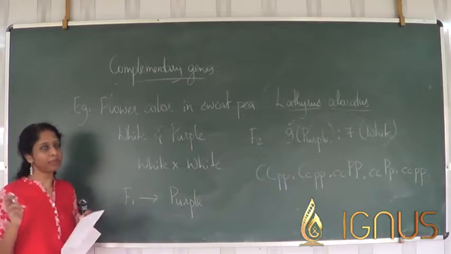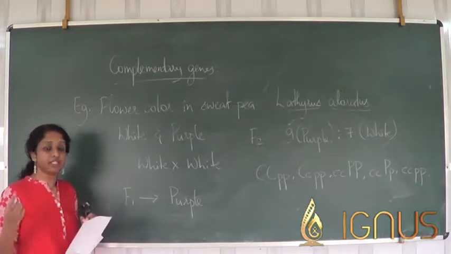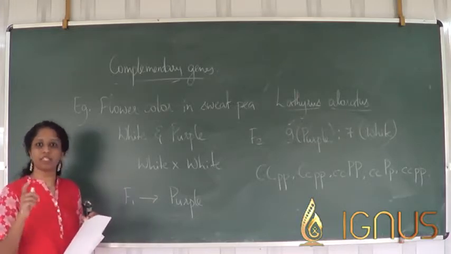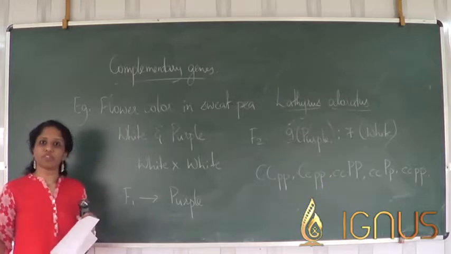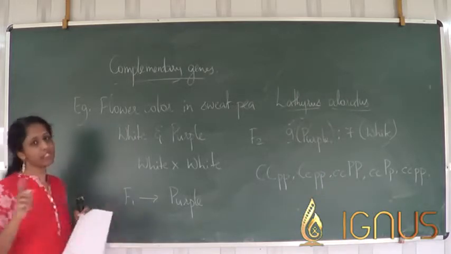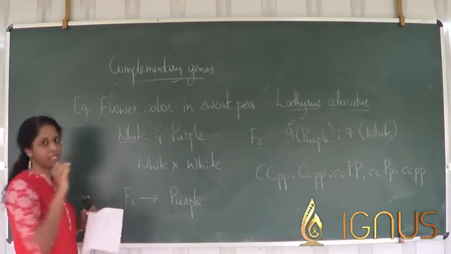Like I was telling, with complementary genes, at least one allele in both of the genes needs to be dominant. If it is not, then it is not going to show the phenotype. So when the genes are not complementing each other, the color that you would find would be white.